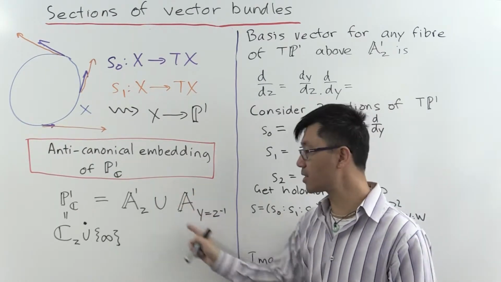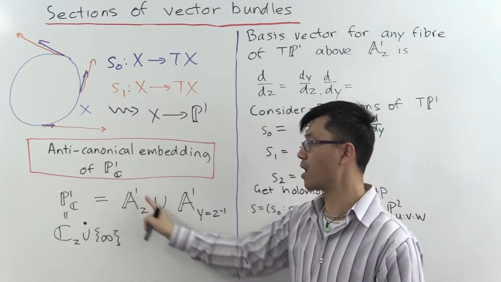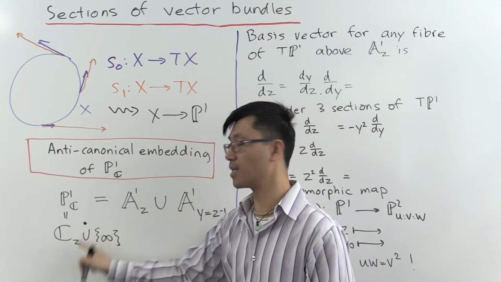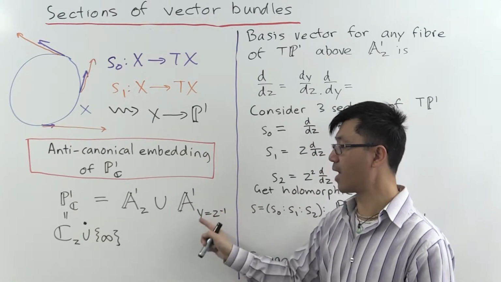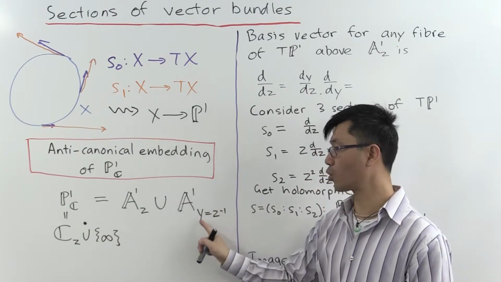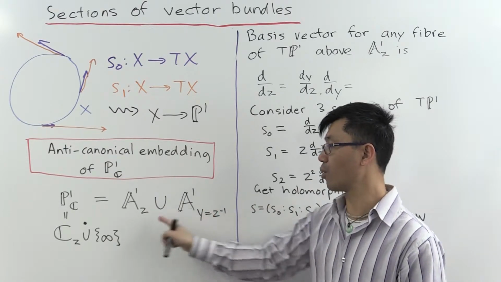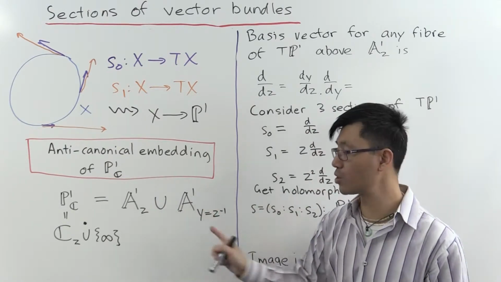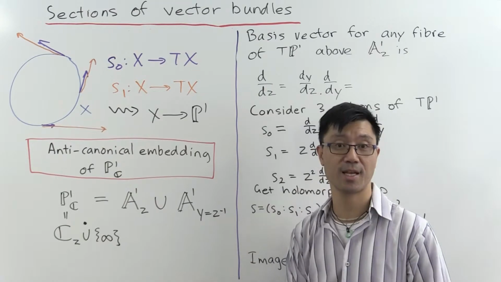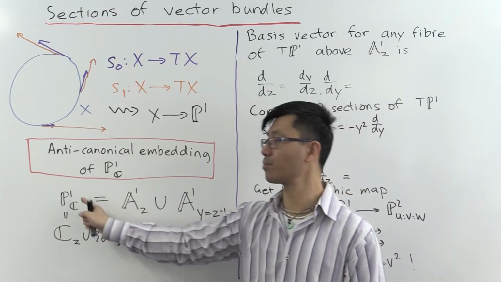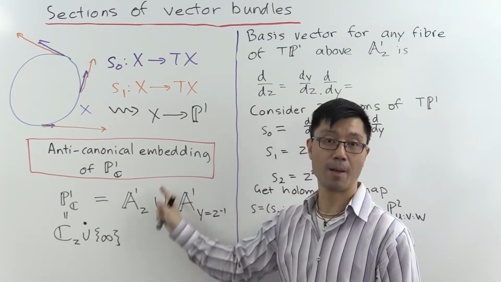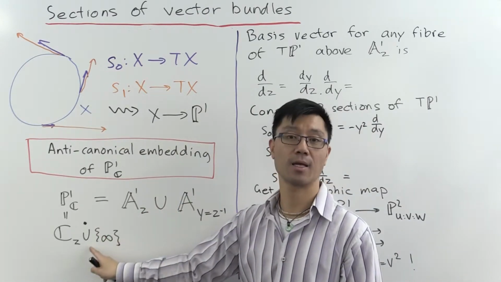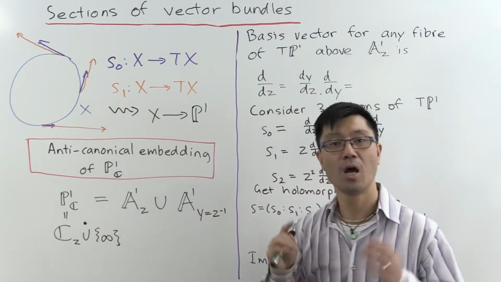Okay. And if you want to study that, so here, this A^1_z, this affine line, corresponds to C_z. This affine line here is centered at infinity, so the coordinate that you should use is no longer z, it should be z inverse, which I'll call y. That will be useful for us later. So you can think of this projective line as the union of these two, but there's a big overlap here, unlike in this union here.